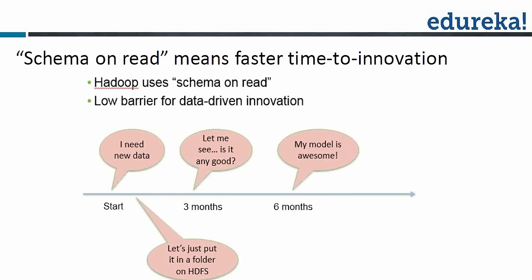When it comes to Hadoop, schema is nothing but your design, Danish. Let's say in a table you have rows and columns. Column one, I'm going to say name, age, gender. Name is Danish, age is, let's say, 20, gender is male. So this is your schema. I need to have this very strictly defined in an RDBMS. So this is schema on write.